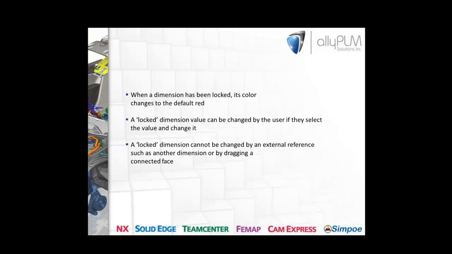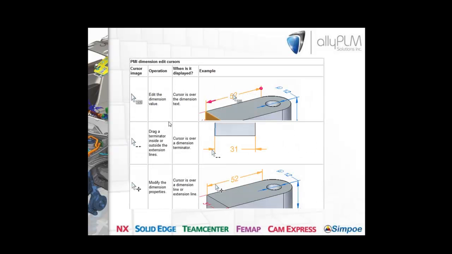As I've already shown you, your locked dimension values can be changed by the user if they select the value and change it. What you cannot do with a locked dimension is change it with the help of your face. If you select a face and move it, and the dimension is locked, you won't be able to edit that dimension value. Now here are different ways that you can change it.